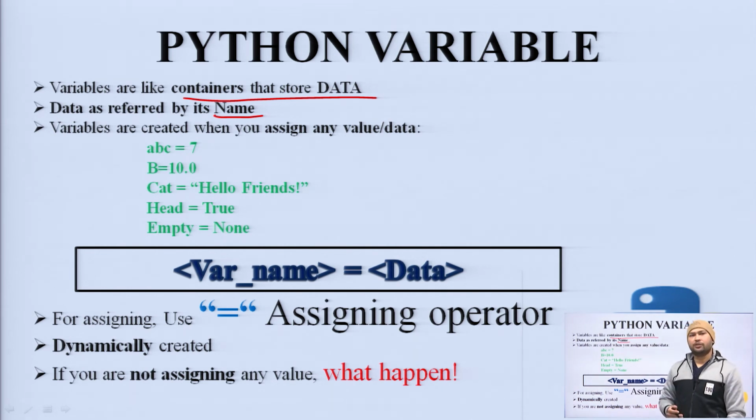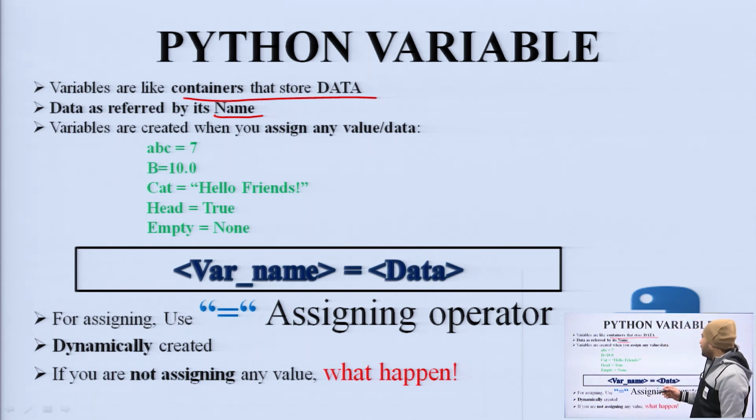The naming of the variable is very, very important, because the name itself is what guides the compiler to execute. Just like when you are saying hello, no one is going to listen, but if you say Ram hello, then Ram, if he is there, will respond to you.